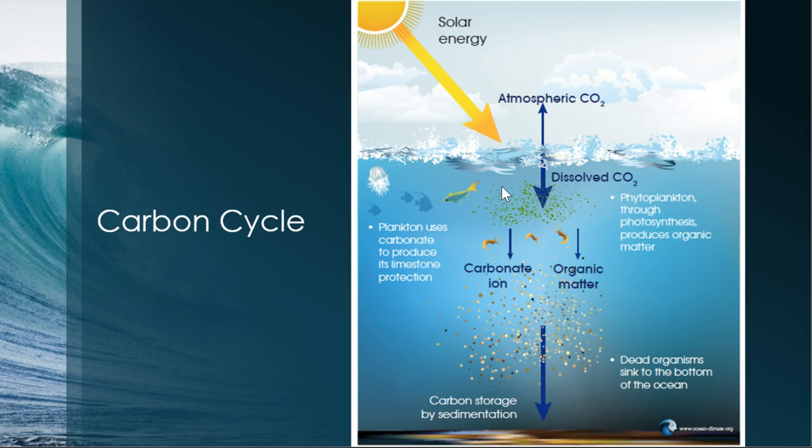And the other important thing about the carbon is when it's dissolved in the water, it forms carbonate ions. This is really important because marine organisms incorporate the carbonate. They can make bones with it, but also they can make shells. Shells are made out of calcium carbonate. And so you have a second carbon reservoir here.